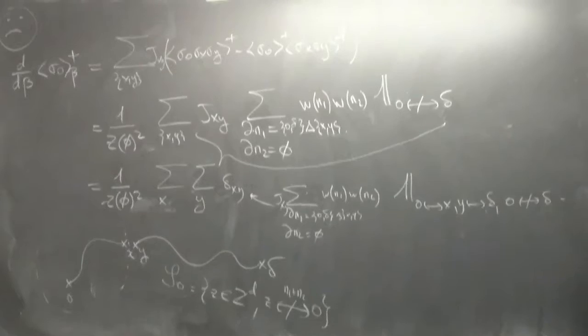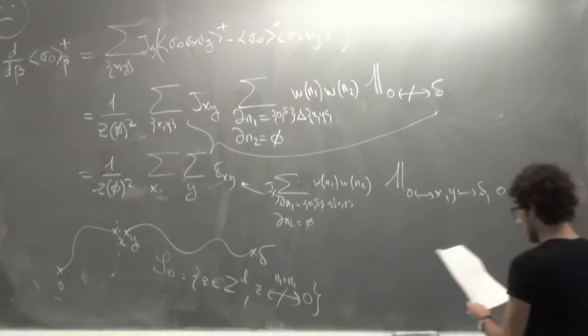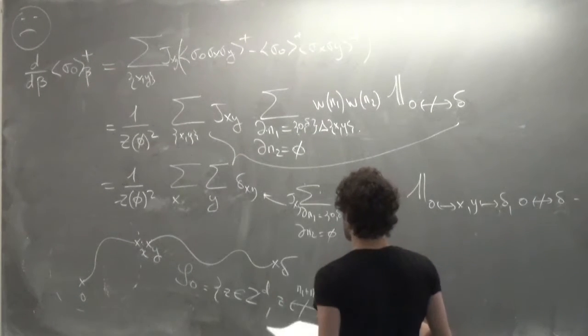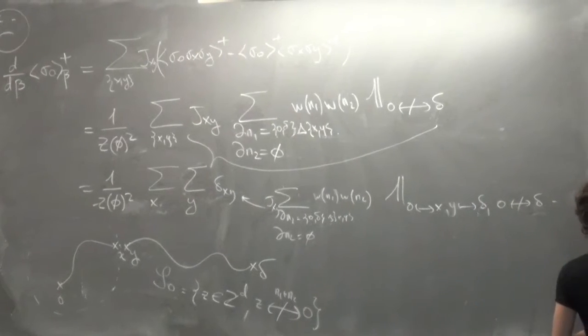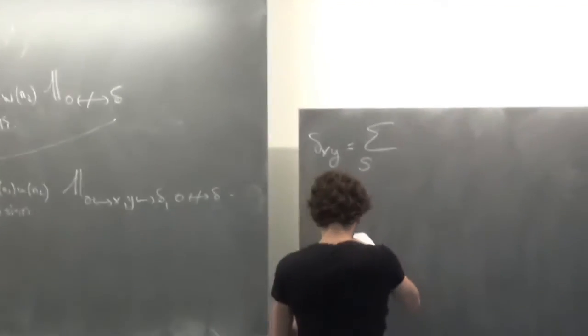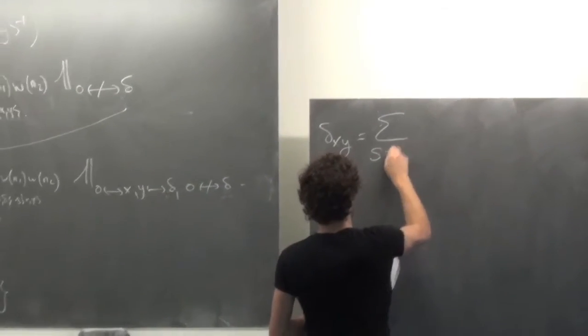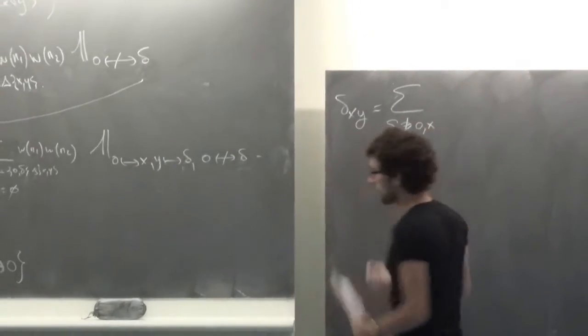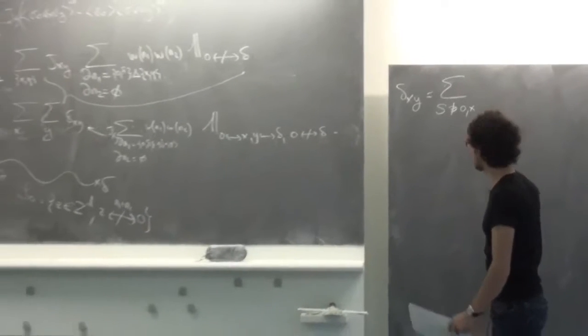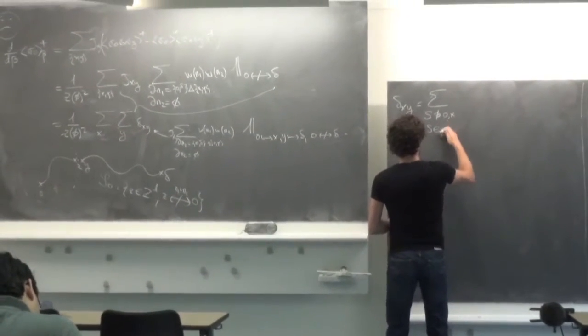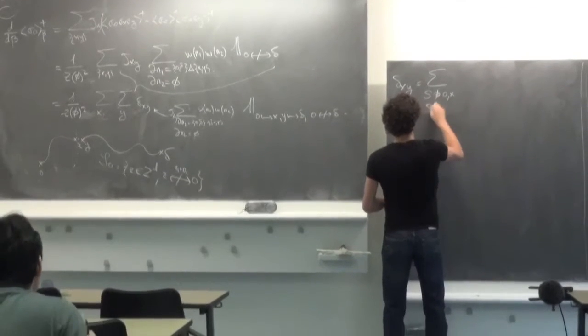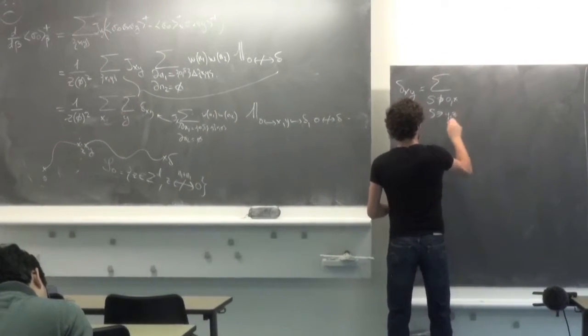So if we condition on that, we get that delta xy is a sum over S that doesn't contain 0 and x, right? That's the condition. And S has to contain y and delta.